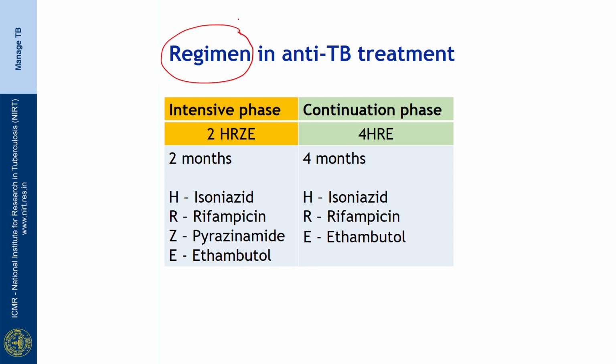A regimen is a group of drugs given in a particular combination, in a particular dosage, for a particular duration. So, each regimen will have 2 phases, namely intensive phase and continuation phase. Intensive phase will have 4 drugs, namely INH, rifampicin, ethambutol, pyrazinamide for 2 months, and continuation phase will be for 4 months, including INH, rifampicin and ethambutol.